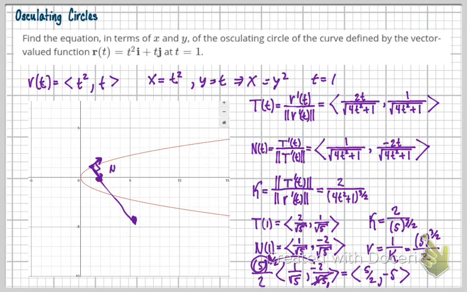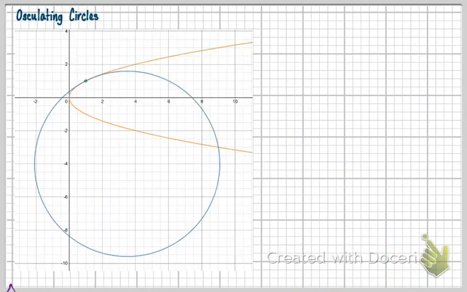Now again, we need r and we need the center to write an equation for a circle. So I did the graph of this on the next page here, so take a look at this. Now just keep in mind here, we're going to put it all together in a second, and I want you to see this.